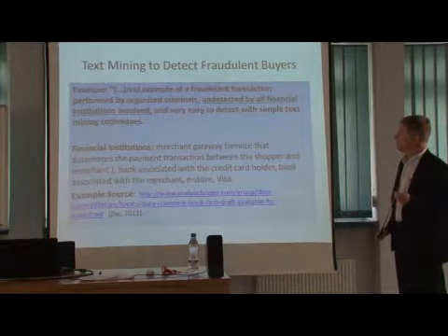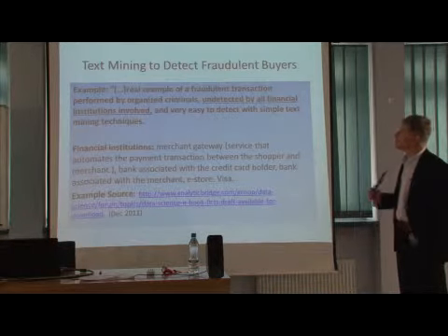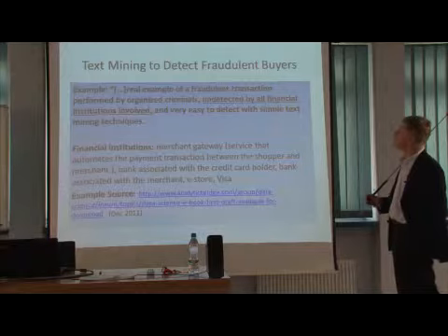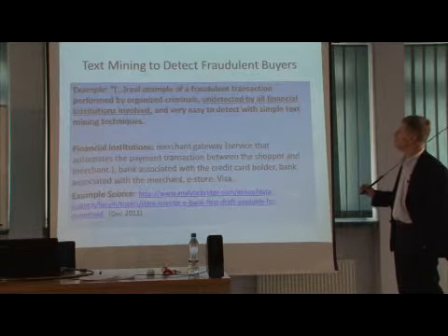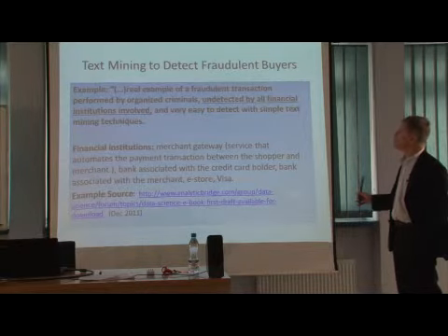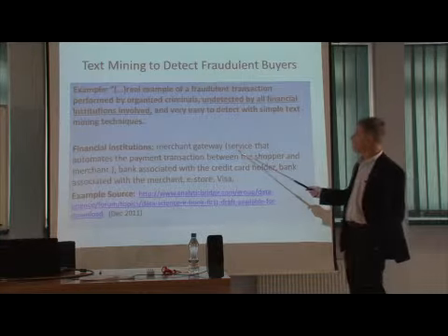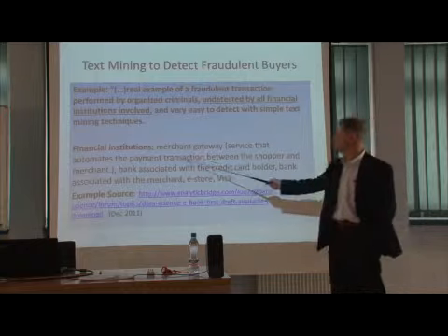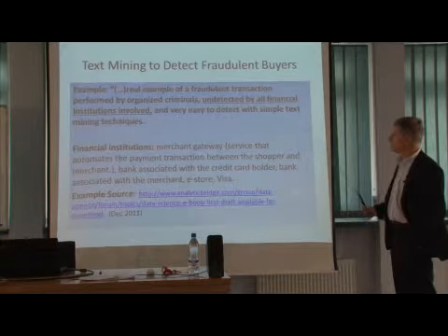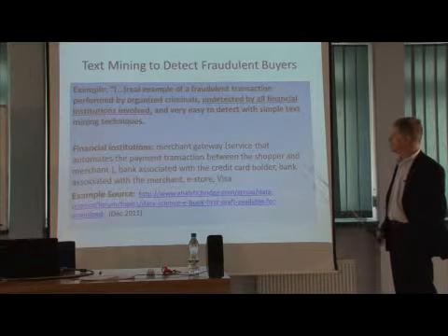All right, so what we have here is the following. We have a situation of a fraudulent transaction performed by organized criminals that was undetected by all financial institutions involved, and it is very easy to detect with simple text mining techniques. We have a merchant gateway as one of these institutions, which is a service that automates the payment transaction between the shopper and the merchant. There is a bank which issues the credit card.